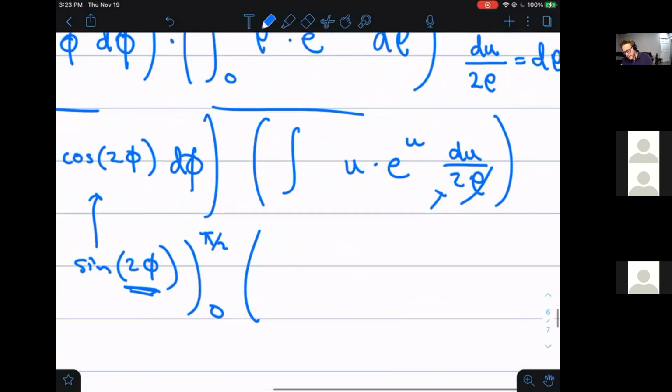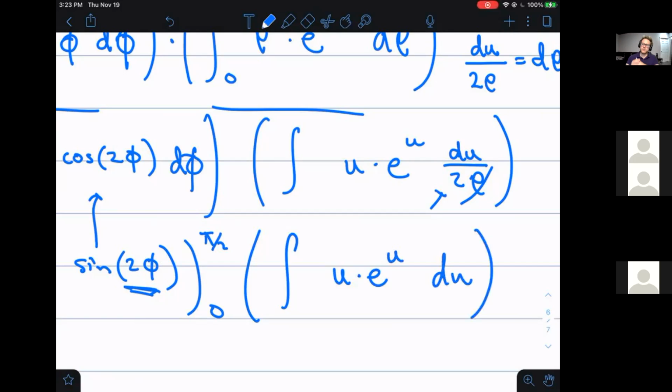And now I'm left with, I need to do the integral of u times e to the u. Can anyone tell me, how do I integrate u times e to the u? What method do I need to use? Yep, integration by parts.